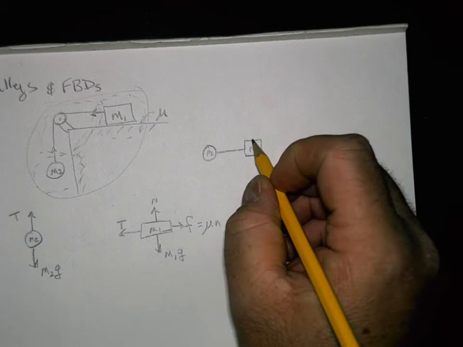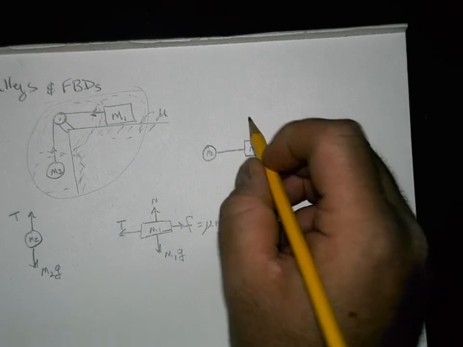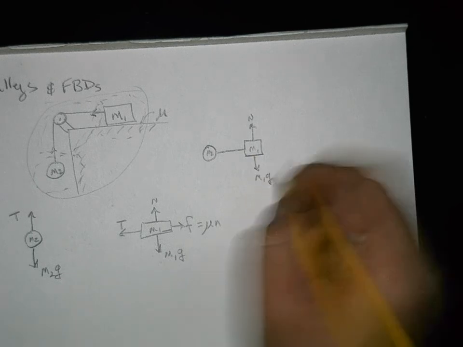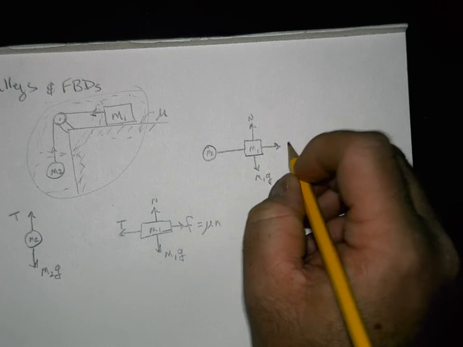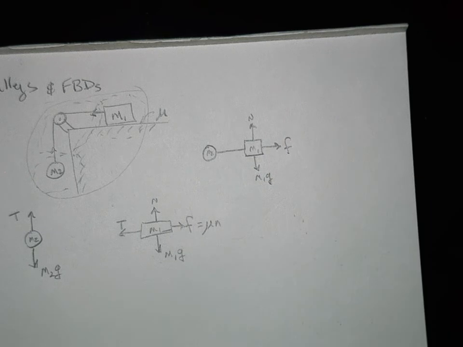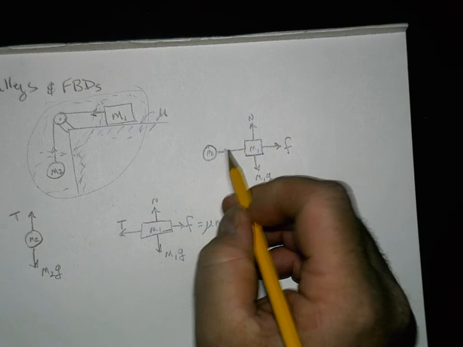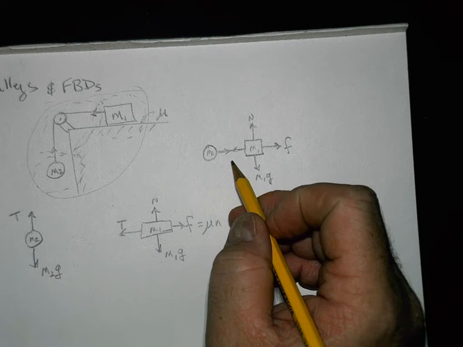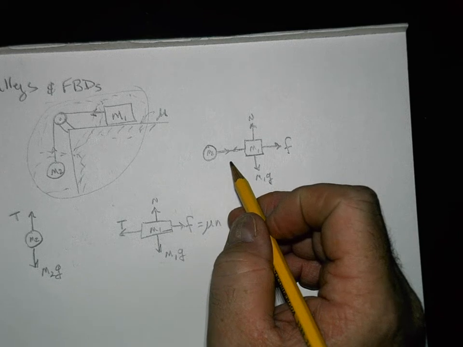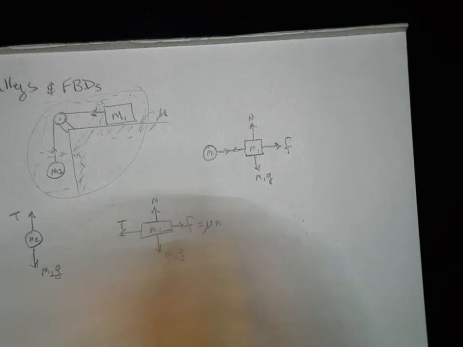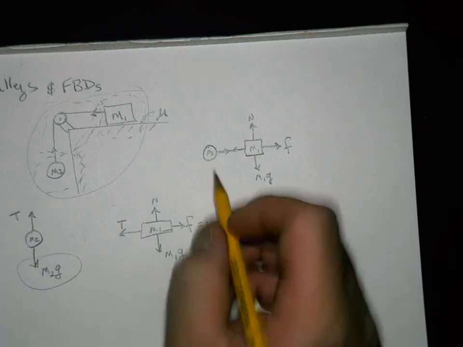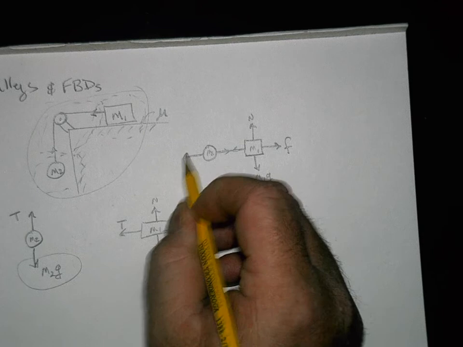We will still have normal, M1G, friction, but because the tension that's in here is equal and opposite to the tension that's in there, we can ignore it. We don't need it anymore. But what we do have is, instead of this M2G pulling down, it is now acting in that direction.